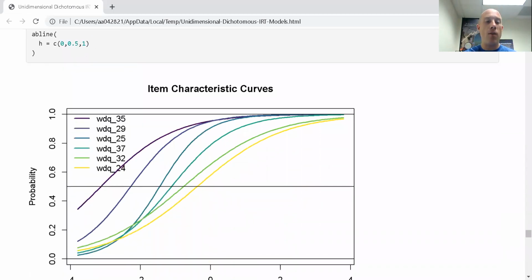Now you'll notice that this S is steeper than this S. You can see that the one that's steeper here, this darker green, is steeper than the light green. These are non-parallel curves. So you see that they're not just translations of each other, they actually have different shapes.